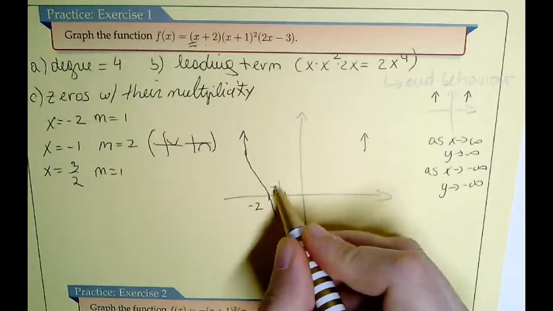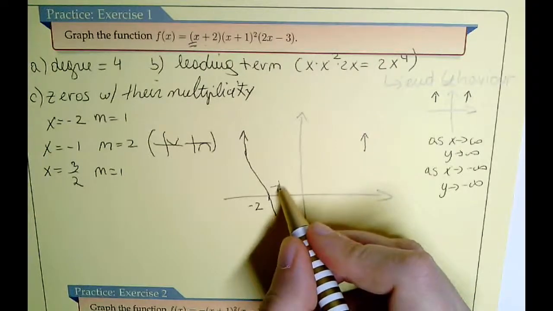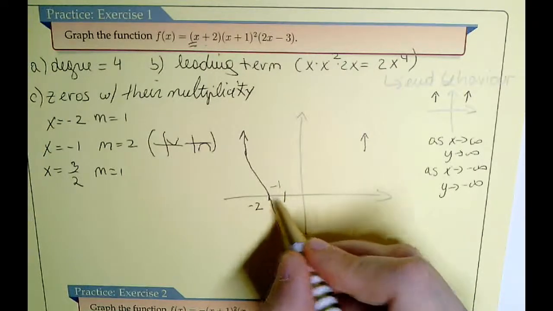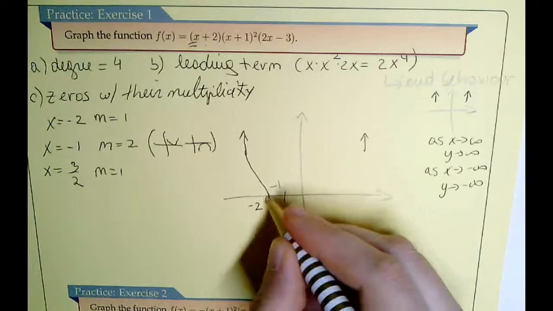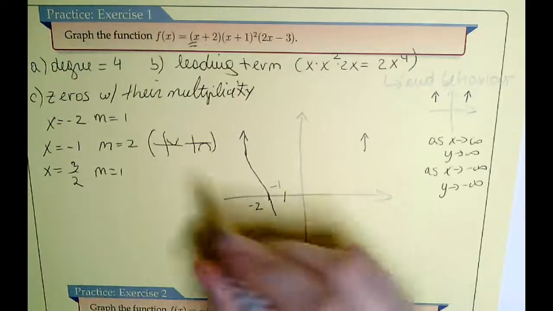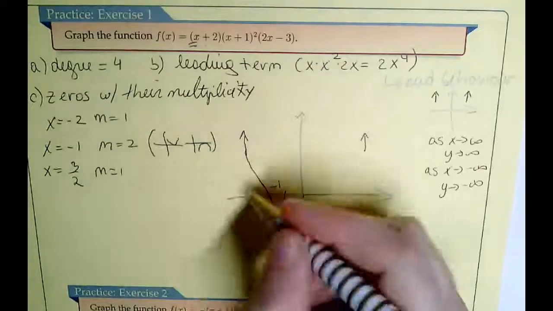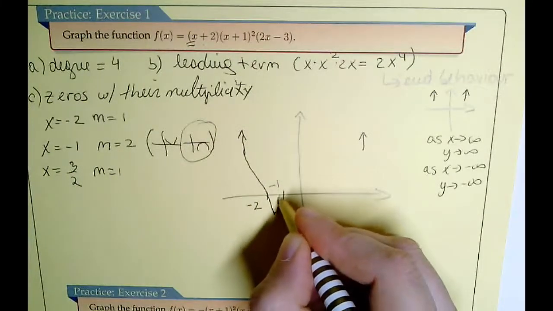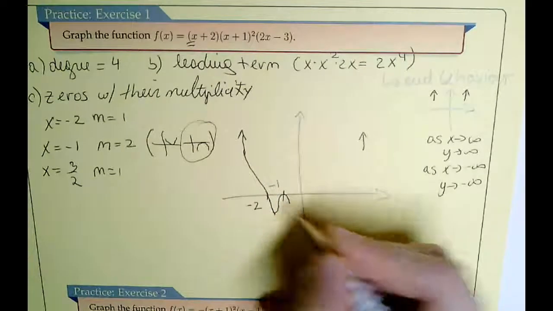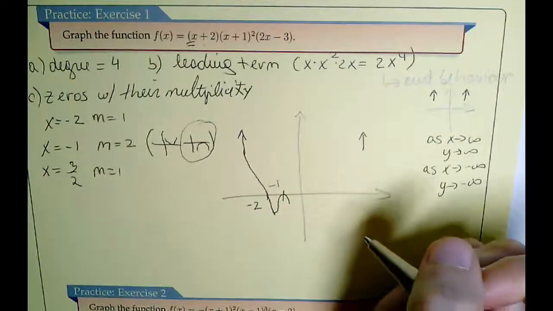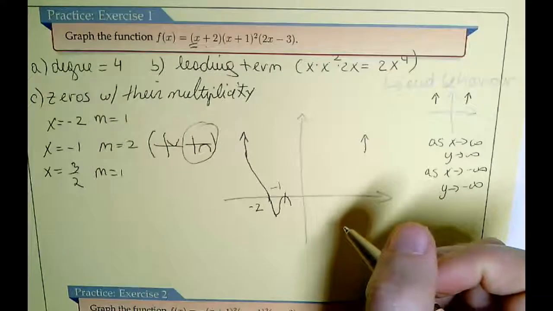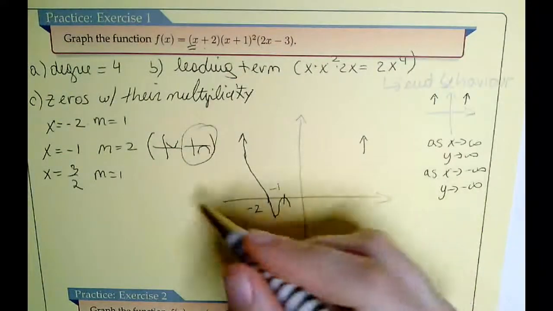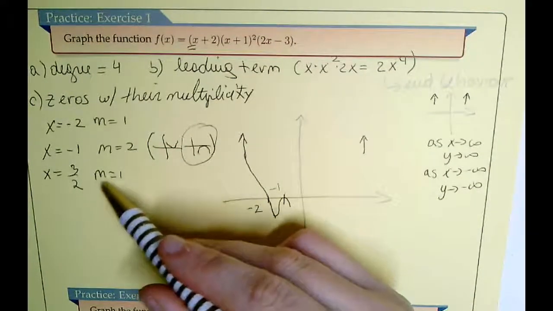I can't touch like this because that means I have to cross, but there's not a zero between negative 2 and negative 1. So from the fact that negative 1 has multiplicity 2, this is the case I'm in. It's going to have to cross and touch like that. And then at 3/2 it's going to have to cross.